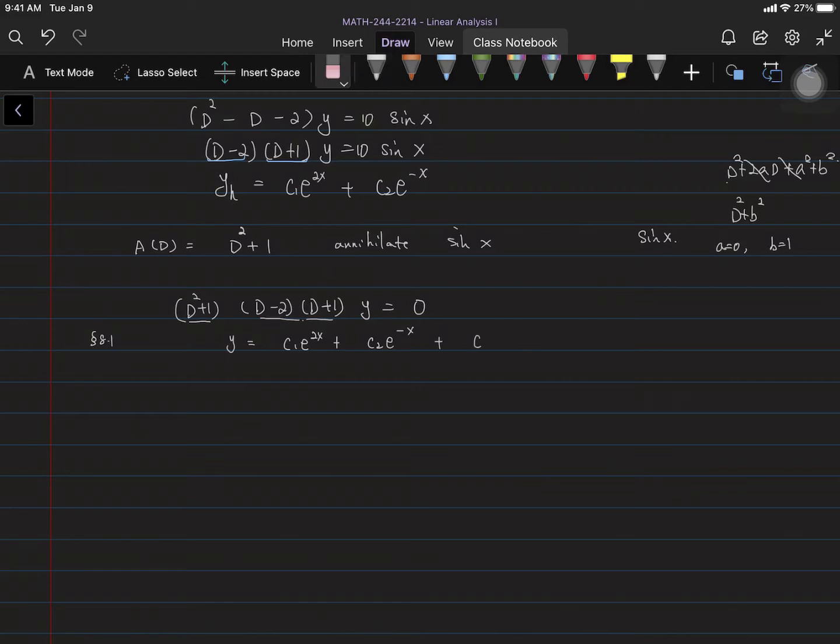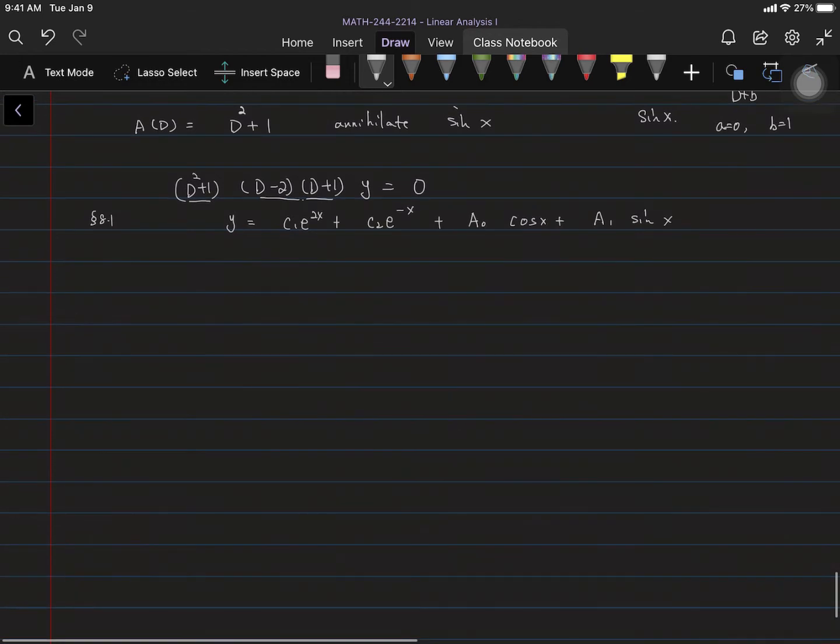But here we don't use C3, C4, I'm going to use A0 and A1. You can use others, that doesn't matter, cosine x, sine x, and here you can use A and B. Here I use A0 cosine x plus A1 sine x.